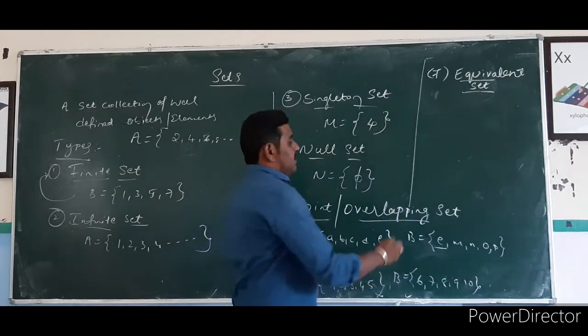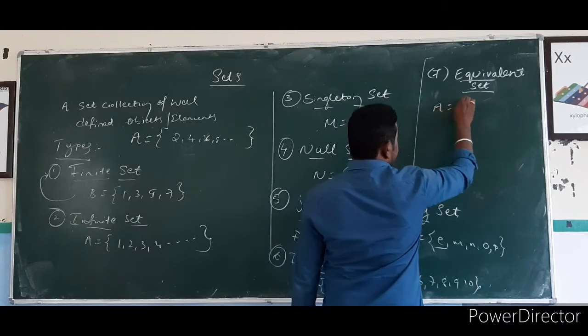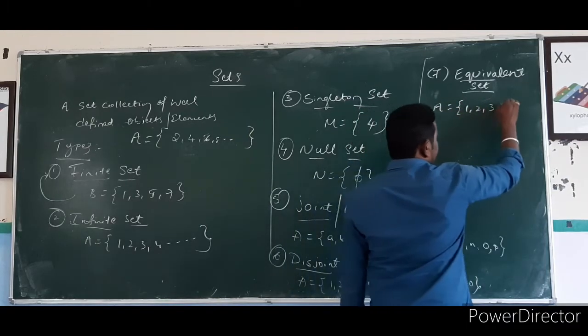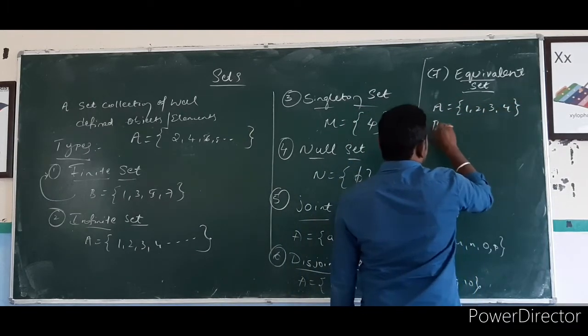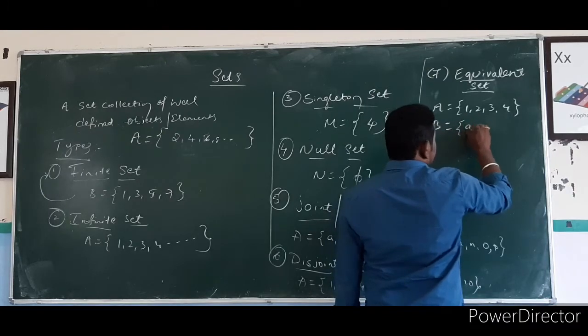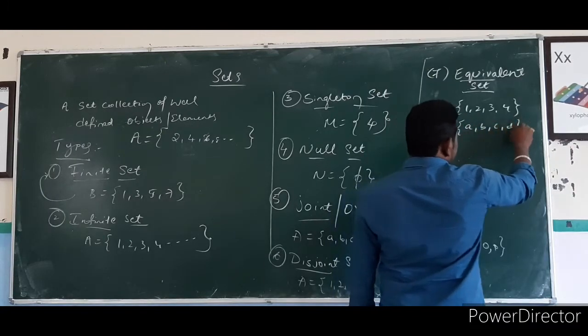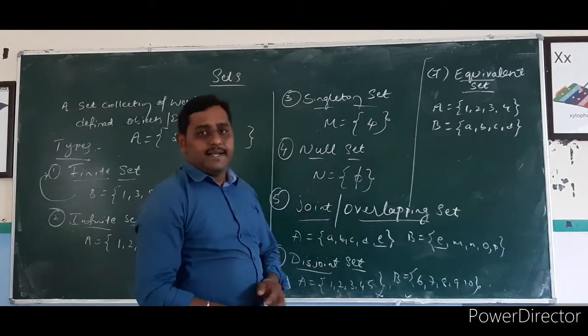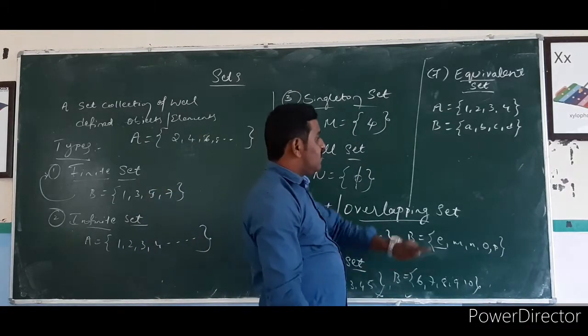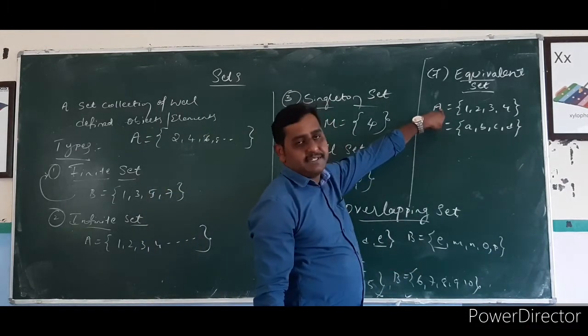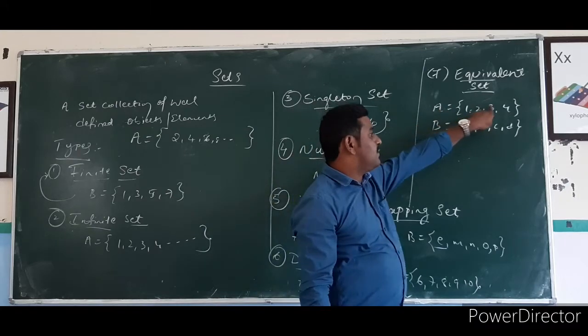Equivalent set. Consider set A: 1, 2, 3, 4 and set B: A, B, C, D. Look at these equivalent sets. Count the number of elements in set A: 1, 2, 3, 4.